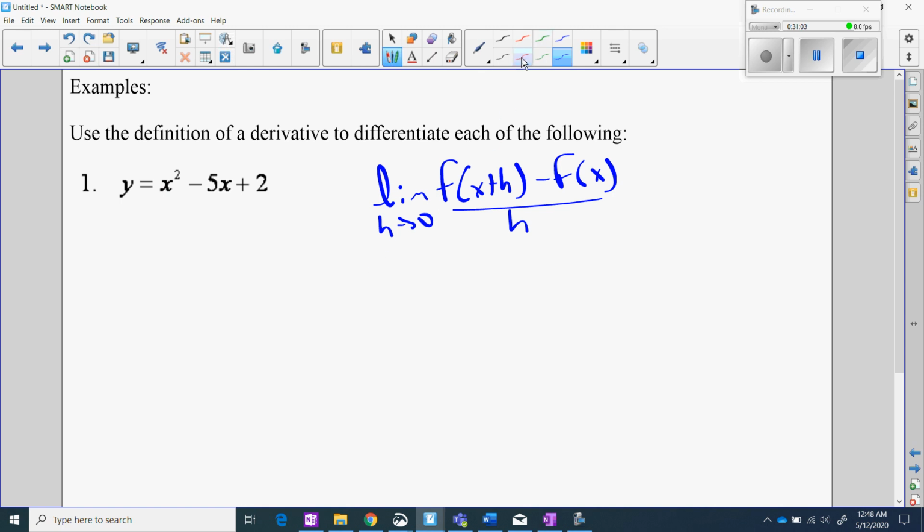What I personally like to do, if it's going to involve a little bit of work, is go over here in the margin and figure out what f of x plus h is. This goes back to why I did that little review on slide 1 before getting into the definition of a derivative. I'm going to put x plus h in wherever there's an x.